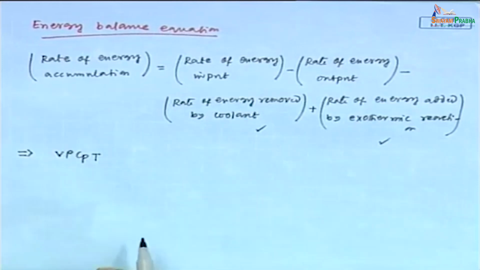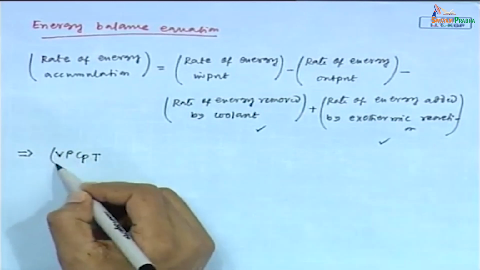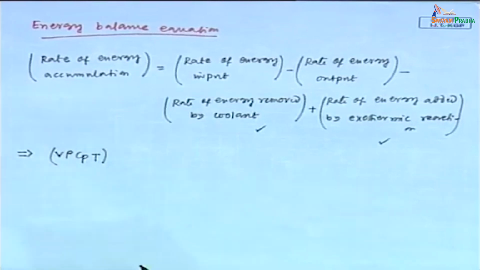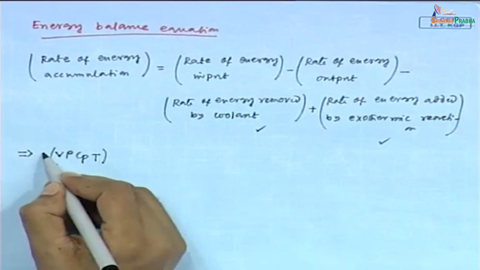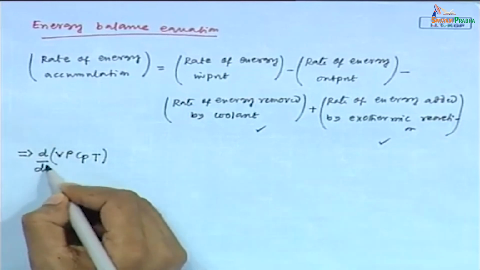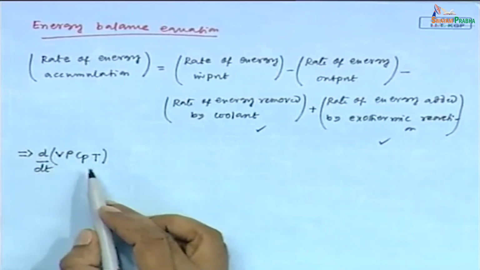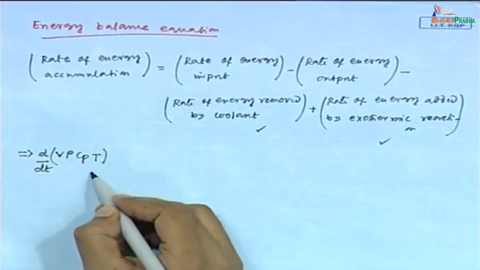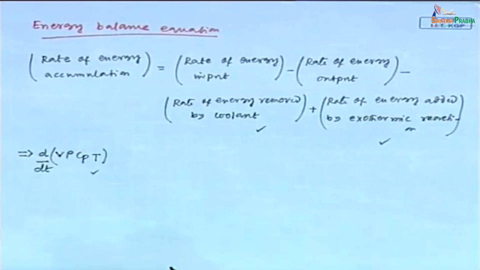Energy term we can write in terms of M Cp dT, fine. Now, here we are considering reference temperature equals 0. Now, if we write here d/dt of V rho Cp T, then this becomes rate of accumulation of energy.